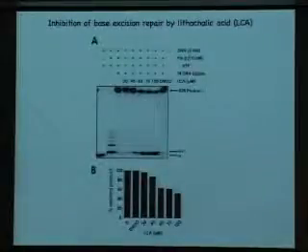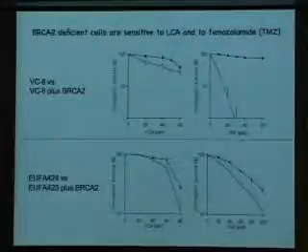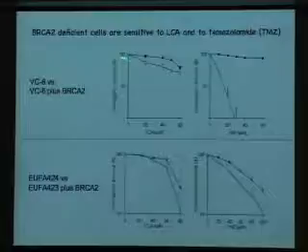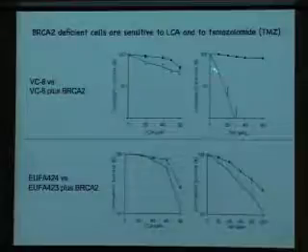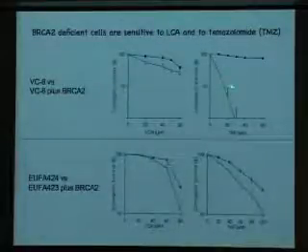And in fact, if you reconstitute the whole base excision repair pathway, you also block repair as shown here. So then if you take BRCA deficient cells, you can show that they're sensitive to lithocholic acid. They're also sensitive to temozolomide, which engages base excision repair by causing a lot of methylation damage on purines.